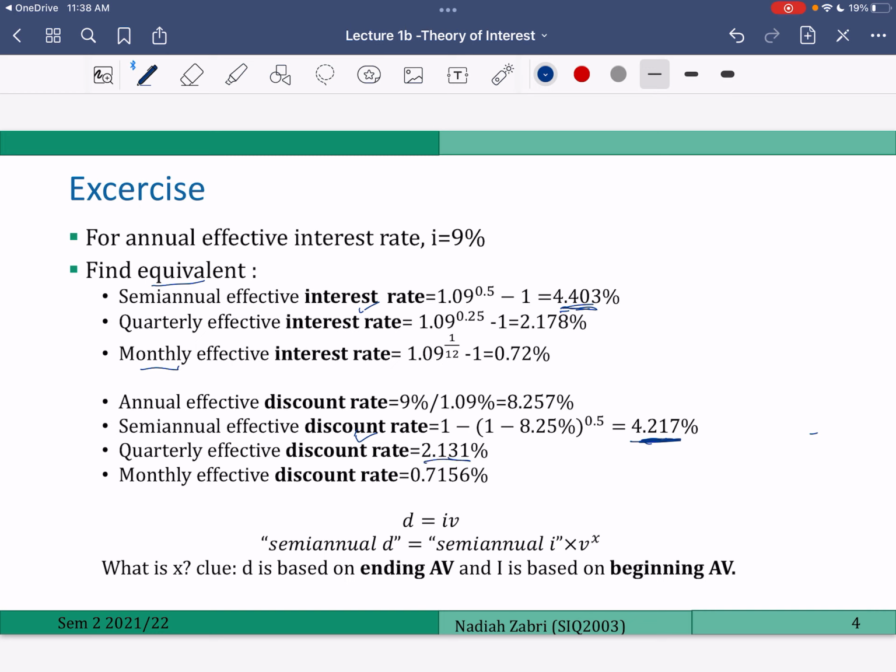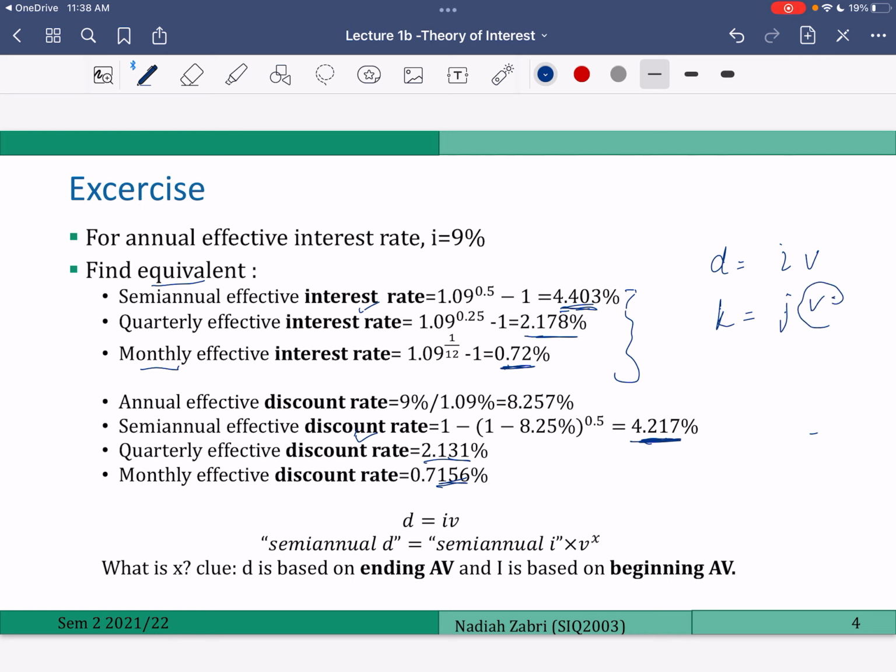Quarterly D is smaller than the quarterly I. Same goes for the monthly. So again, the same relationship holds. D is basically the discounted version of I. So in the fractional case, K is the discounted version of J.